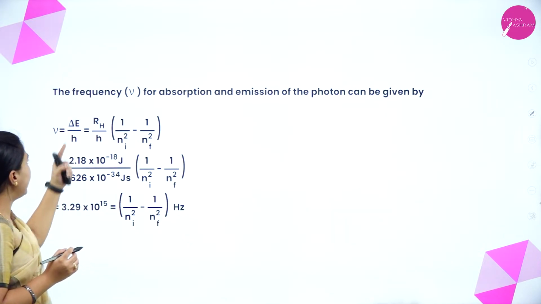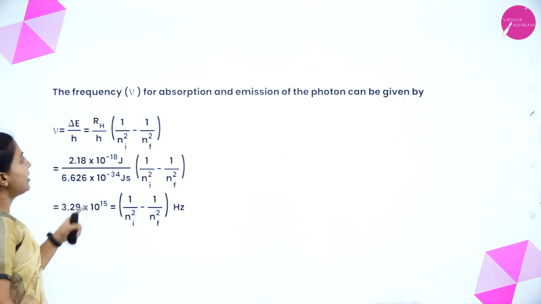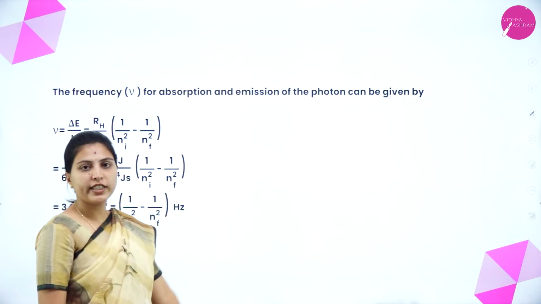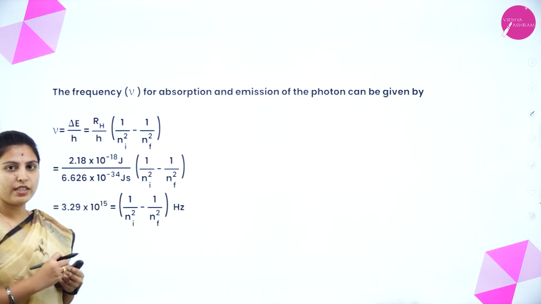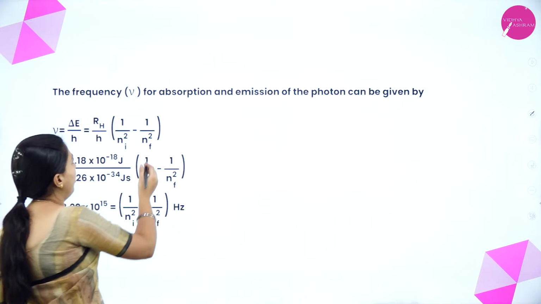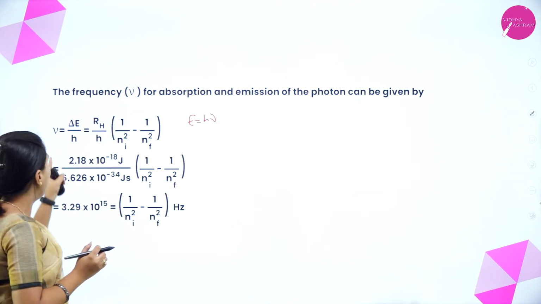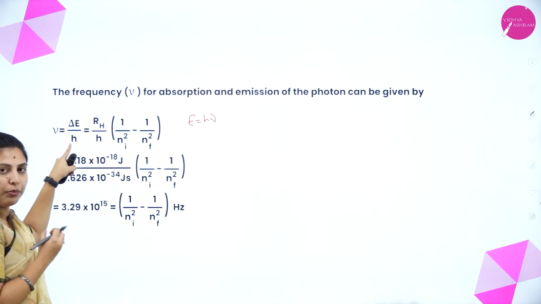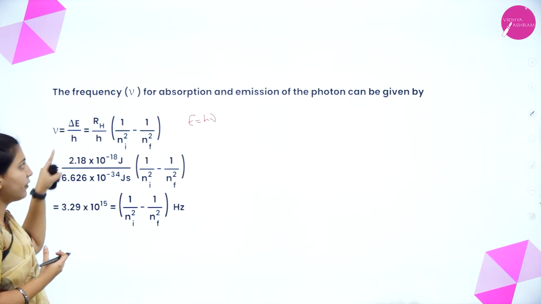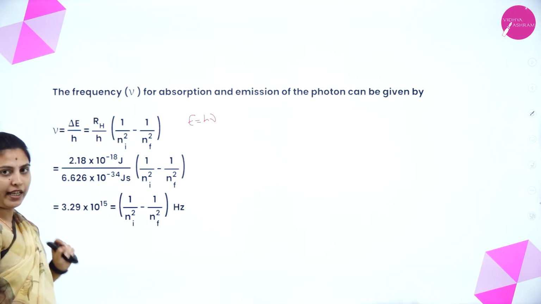Nu equals delta E, that is E2 minus E1, divided by h. We know E equals h nu. This is the common formula, and we take nu out because we have to find the frequency. So nu equals delta E by h.